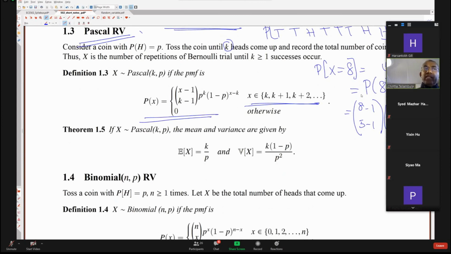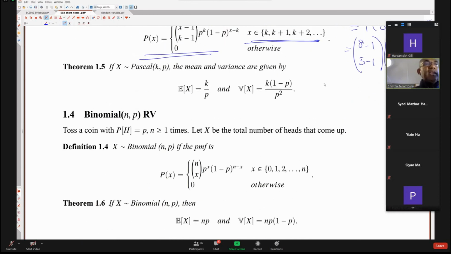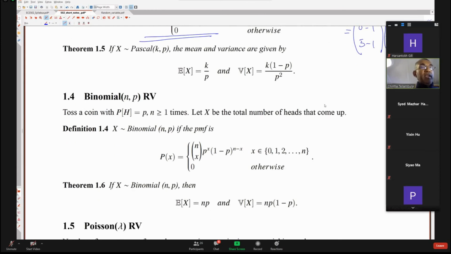Okay, hopefully you get some sense of the Pascal random variable. There are two more, but let me try to explain the binomial one at least before we stop. The binomial random variable is also related to the Bernoulli random variables. However, here is the difference.